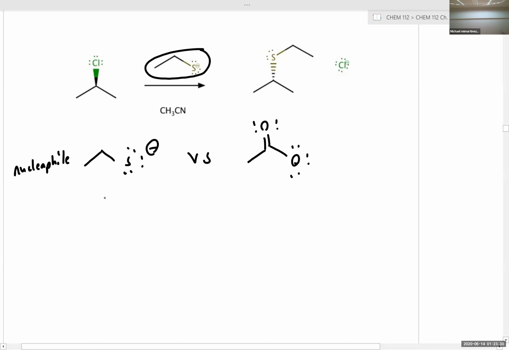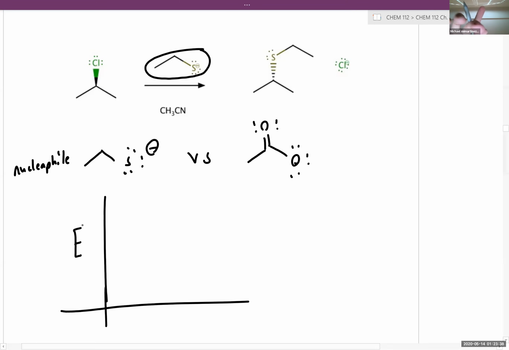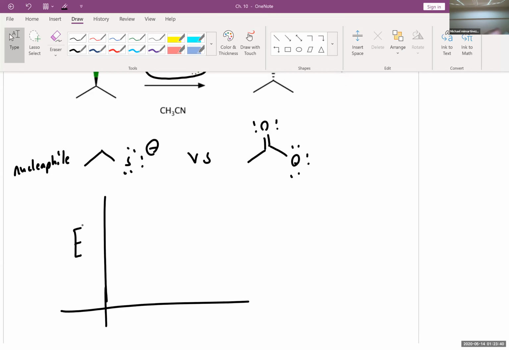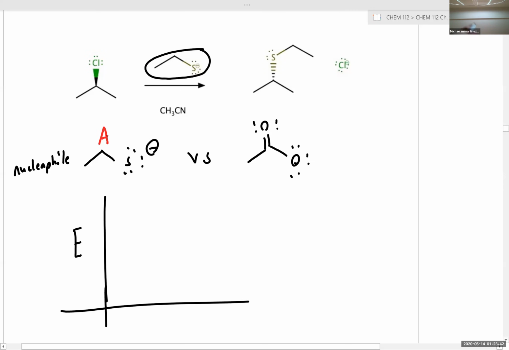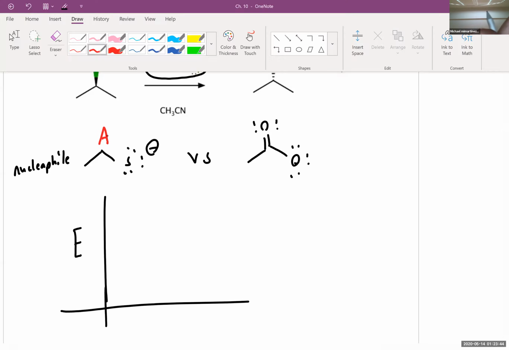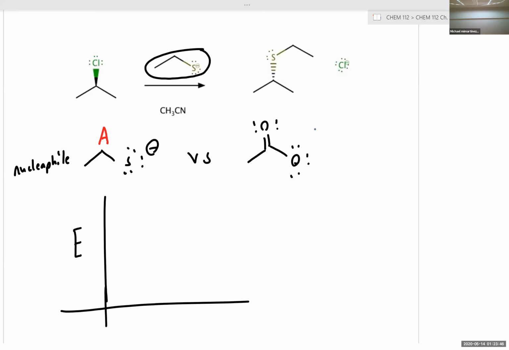So let's take about 2 to 3 minutes to try to draw out a sketch, and I'll label ethane thiol as A and acetic acid or acetate anion in this case as B. And I'd like you to draw two reaction coordinates, one for A and one for B for these displacement reactions.